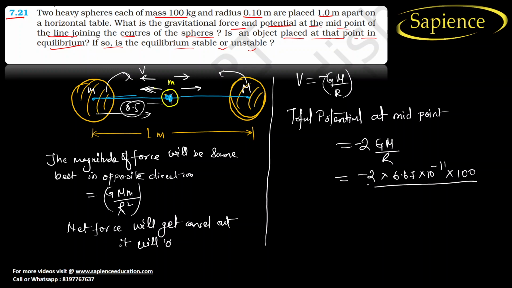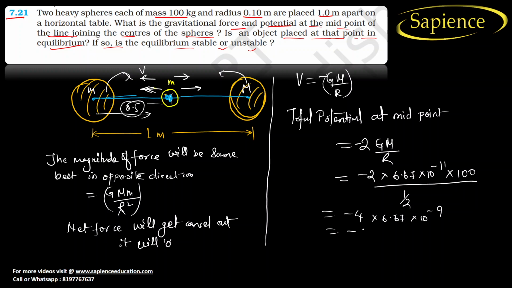So the distance r is half, so this will be 1 by 2. If we calculate, this will be minus 4 into 6.67 into 10 to power minus 9.